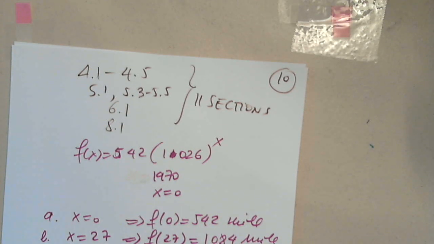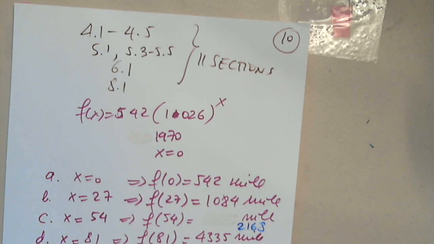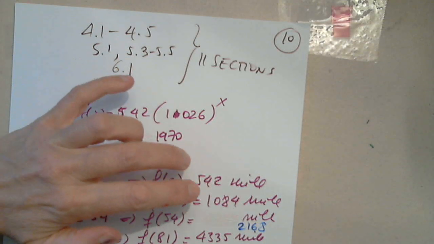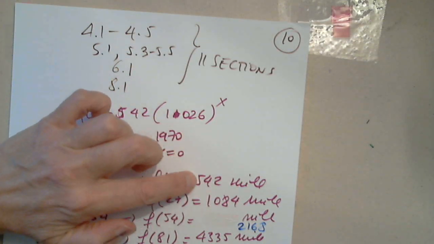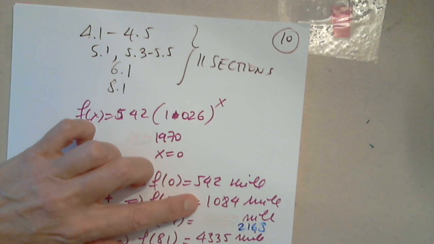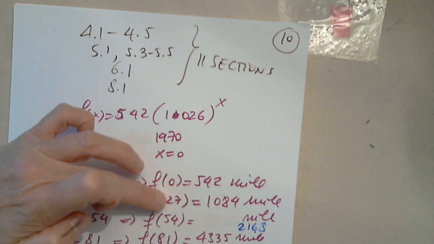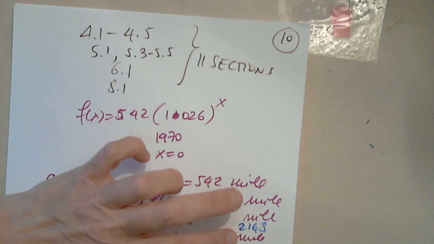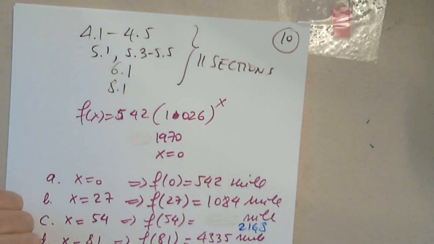And then the question is asking us, what do you notice? That every 27 years, something appears to be happening. 27 years from 500 to 1,000. So it's roughly double. From 27 to 54, another 27 years, from 1,000 to 2,000, roughly double.